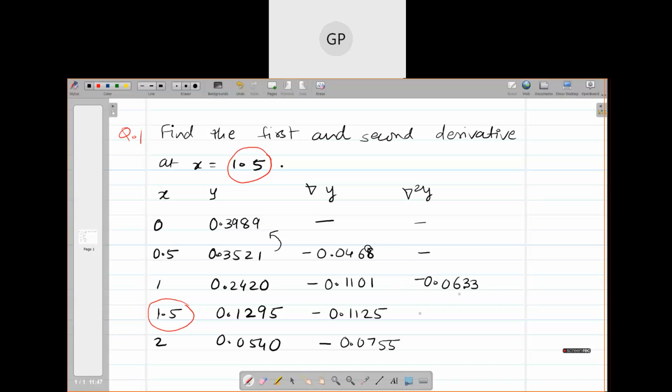Next would be again minus 0.0024. And the last one is positive, 0.037. Then next, del cube y.